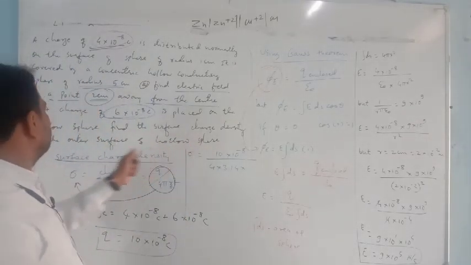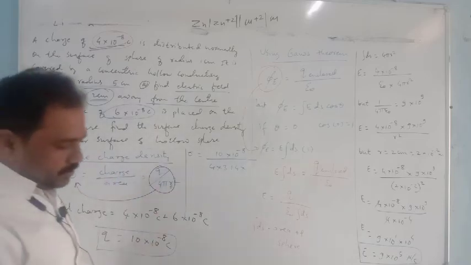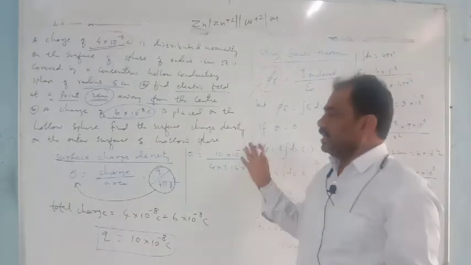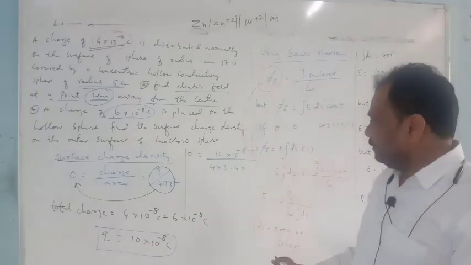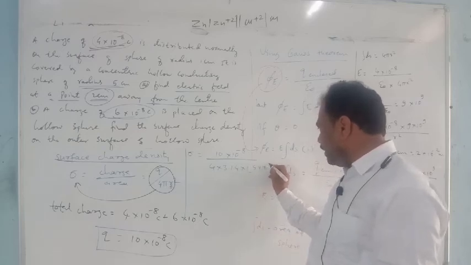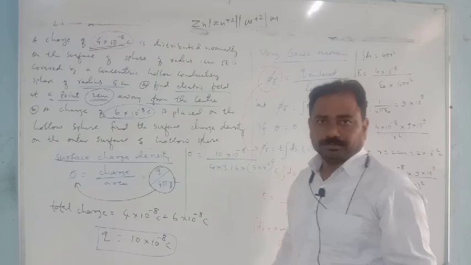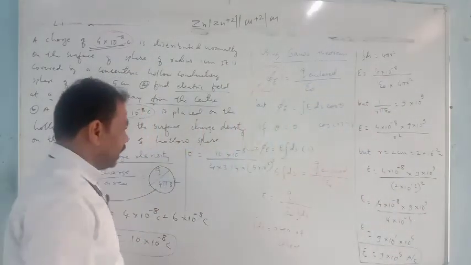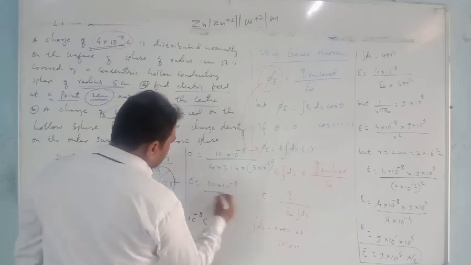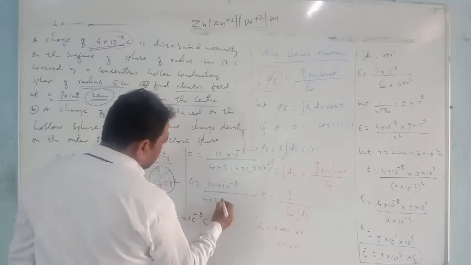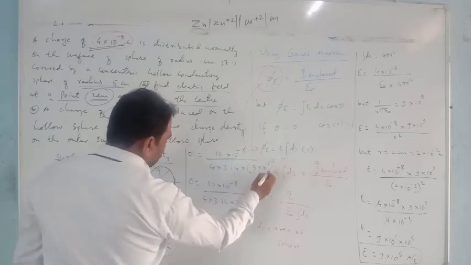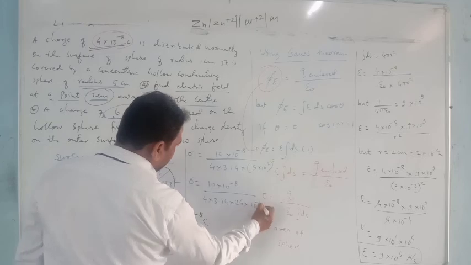We consider there at a 5 centimeter distance there is another hollow sphere. So here r is 5 centimeter. 5 centi means 10 to the power minus 2, its square, r square. So it becomes sigma is equal to 10 into 10 to the power minus 8 upon 4 into 3.14 into 5 square, 25, and 10 to the power minus 2 square, 10 to the power minus 4.